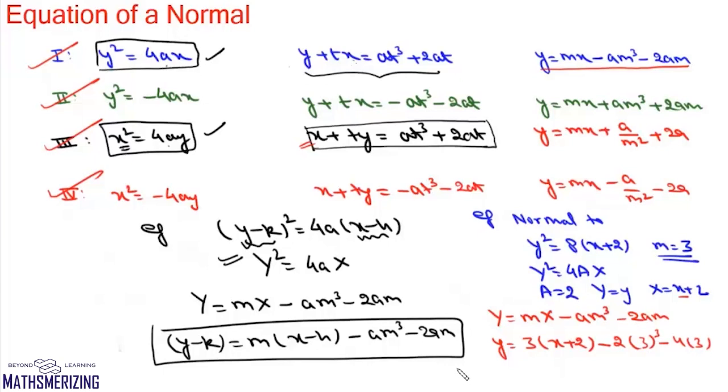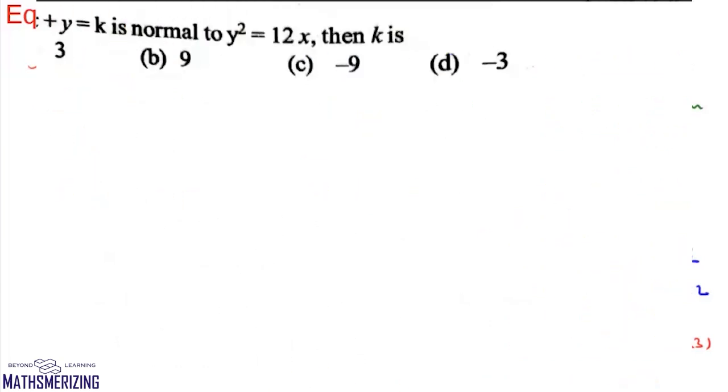So we can write this equation as y equals 3x plus 6 minus 54 minus 12, so it should be y equals 3x minus 60. So the equation of normal to this parabola y² equals 8(x plus 2) whose slope is 3 is y equals 3x minus 60.